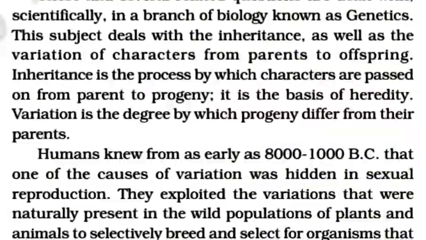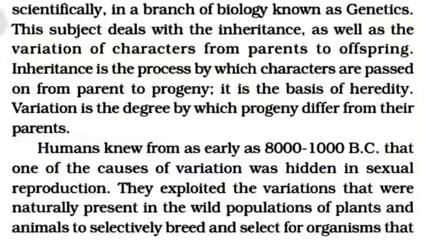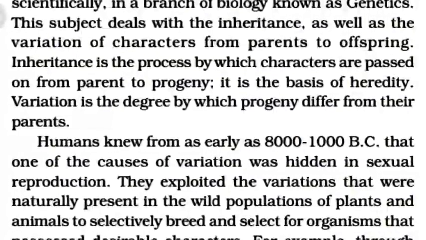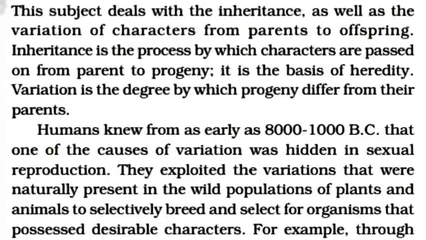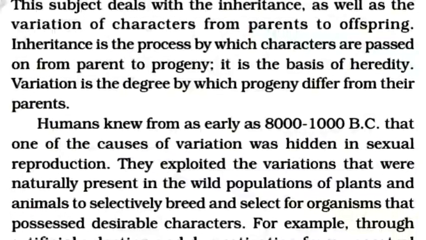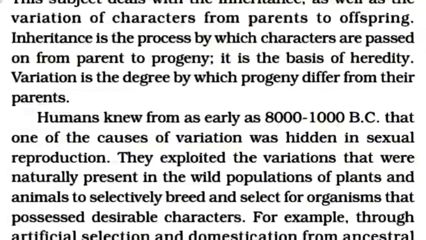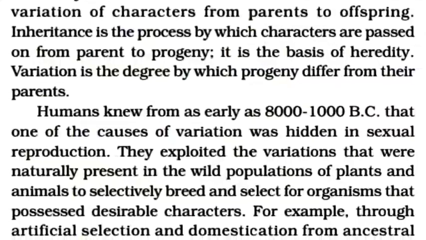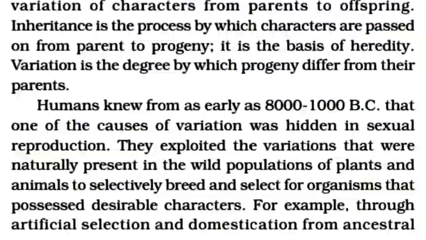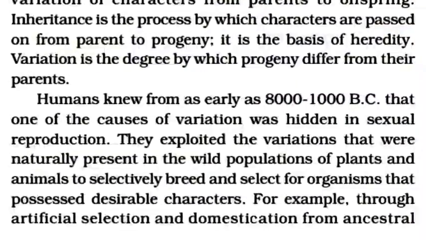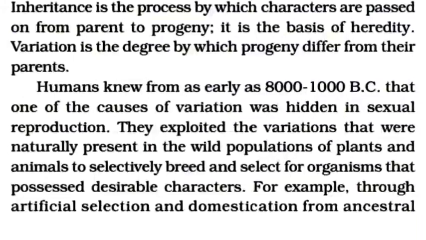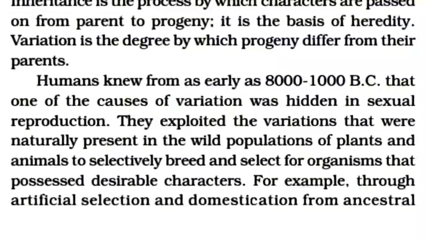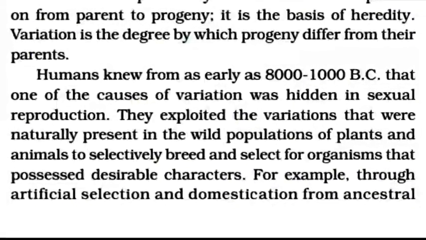Humans knew from as early as 8000 to 1000 BC that one of the causes of variation was hidden in sexual reproduction. They exploited the variations that were naturally present in the wild population of plants and animals to selectively breed and select for organisms that possessed desirable characters.